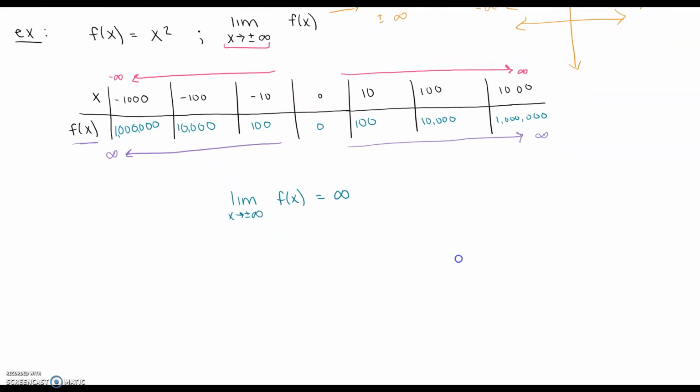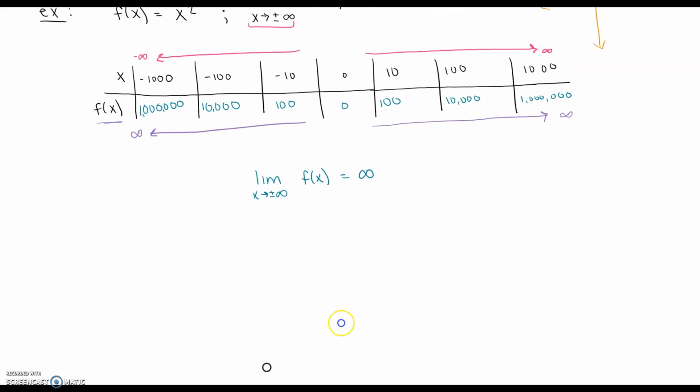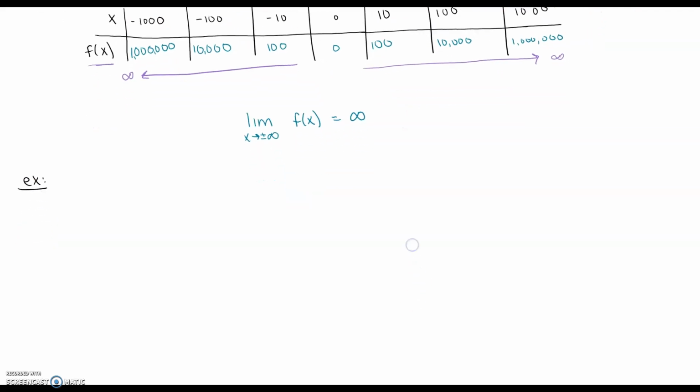Okay, so then another example is if it's approaching a number. So let's write it as the limit as x approaches -3 of 1 minus 5x.